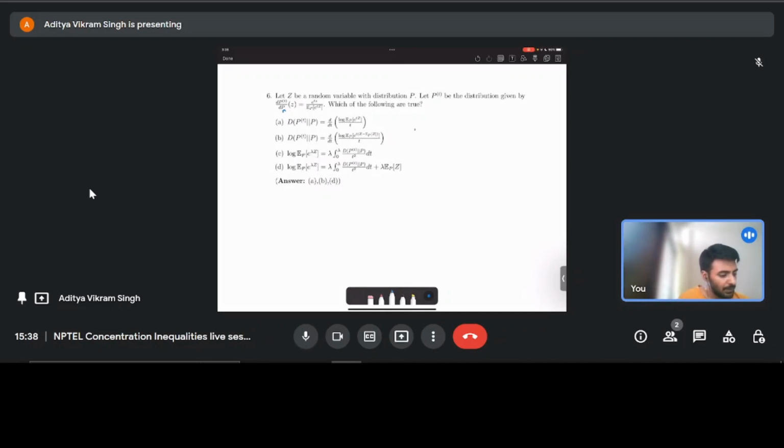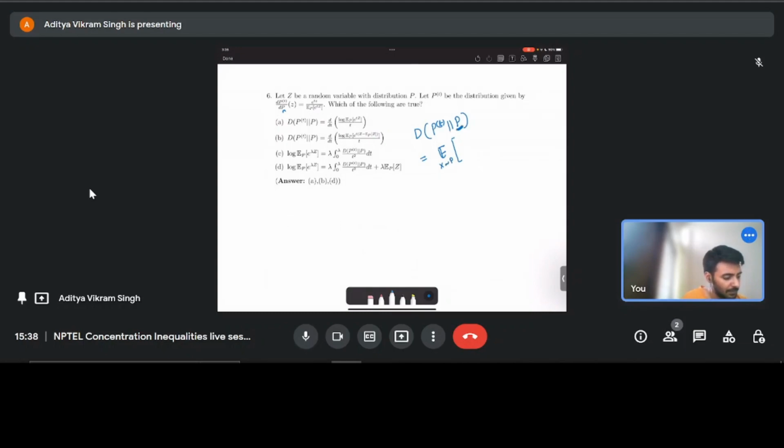So what would be the KL divergence between PT and P? This is just this expected value of x, and let's say with respect to P, since we are given only the Radon-Nikodym derivative.